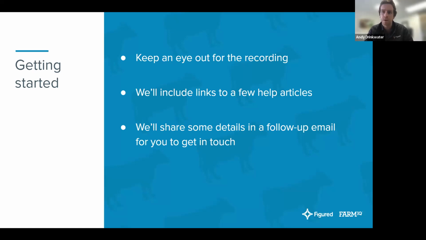The financial side is handled within Xero, and that'll pull through into Figured, with Figured basically being the hub between Xero and FarmIQ. So that production and movements pull through from FarmIQ into Figured, and the sales and purchases pull through from Xero into Figured, and then they're matched up when you're running the reports out of Figured.